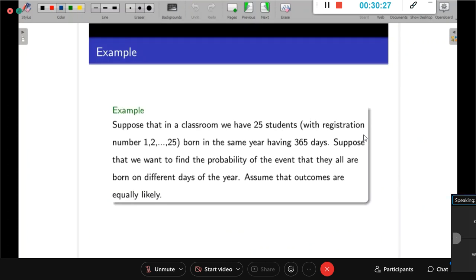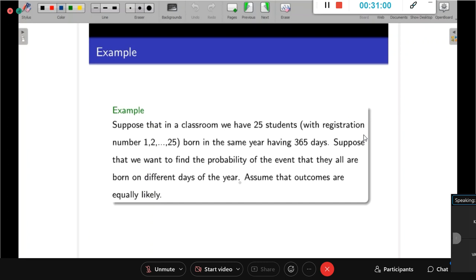So let's have one more example. Suppose that in a classroom we have 25 students, and let's fix their registration numbers 1 to 25. Born in the same year, having 365 days. Now, suppose we want to find the probability of the event that they all are born on different days of the year.